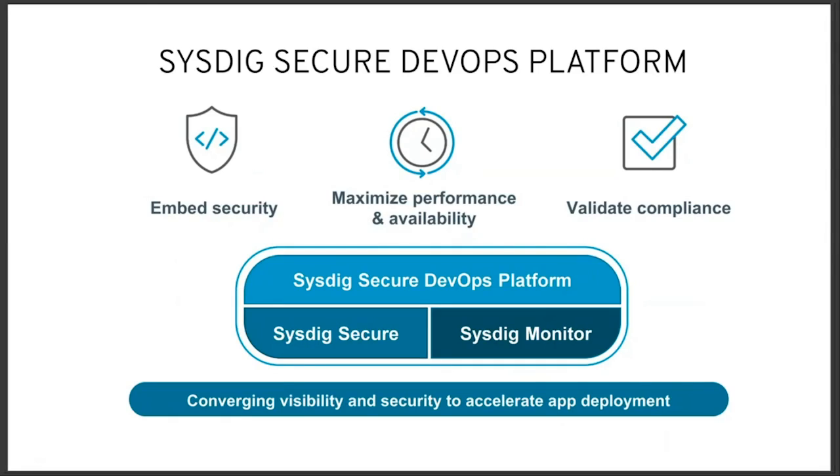Our goal is to converge those concepts of visibility and security and to help you understand what's happening day in and day out, and then to help accelerate your application deployment because you have much better insight on what's happening with the code that you've produced and that you've started out on the OpenShift platform. And so that's essentially what Sysdig brings to the table. And let's take a look at some deeper capabilities of the platform.